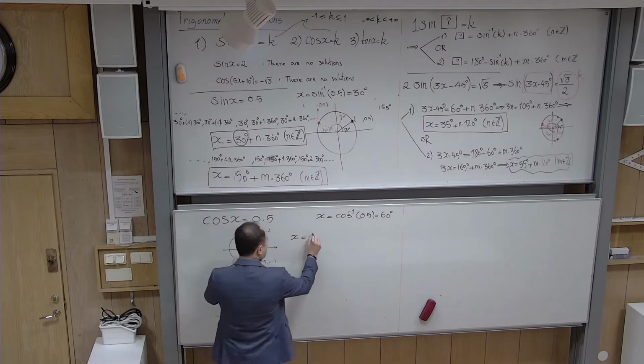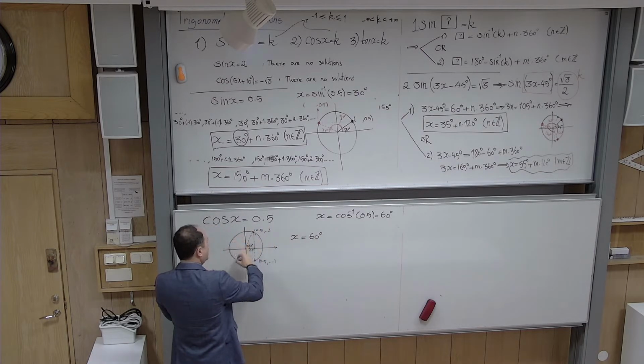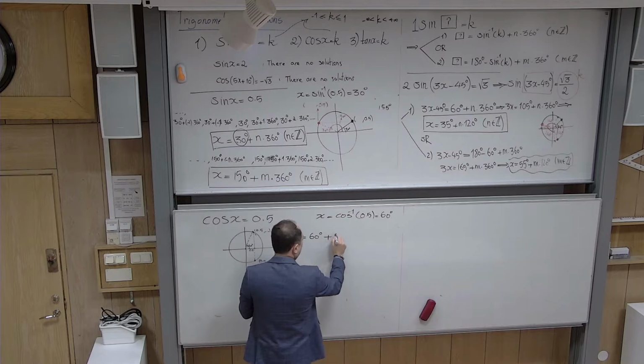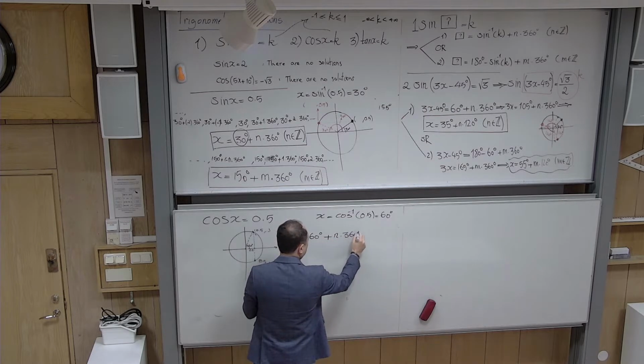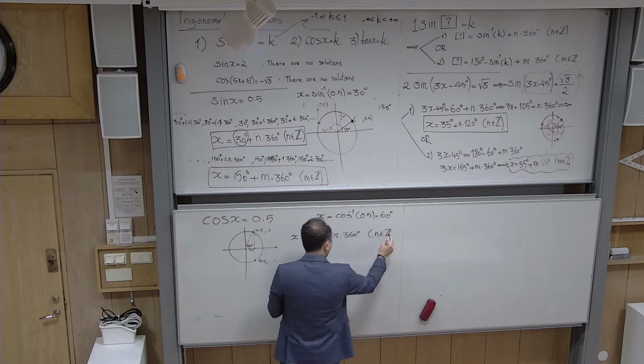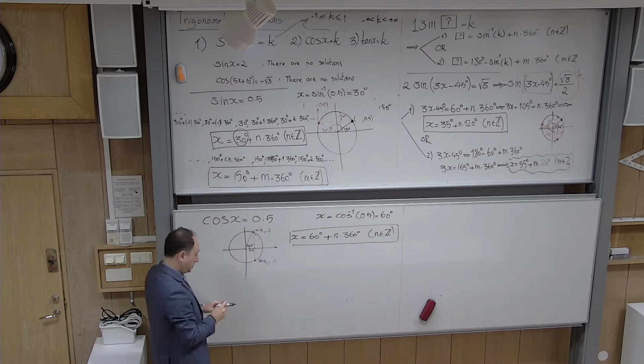Not only 60 degrees is acceptable, but also if I go one full round, I will reach the same point and the same story. So let's make it short. What should I write? I have to write this, and then n belongs to Z. That gives me one group containing infinitely many answers, but how many points correspond to this blue dot here?